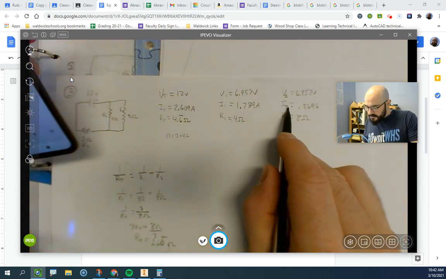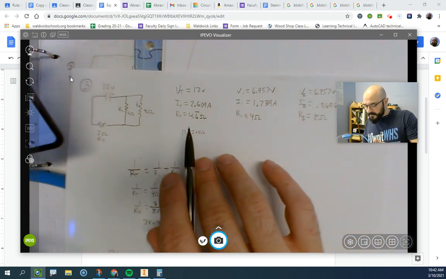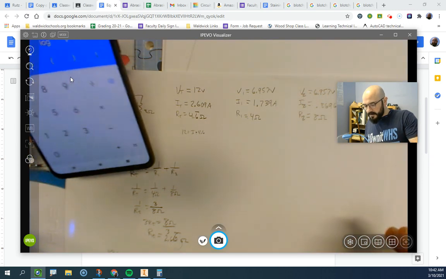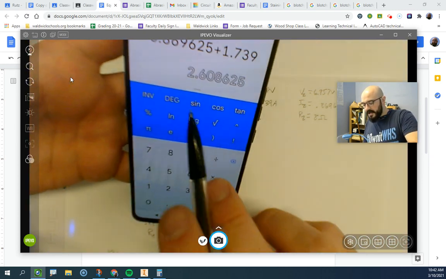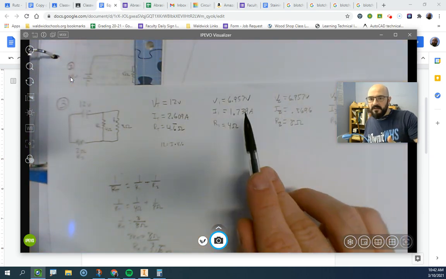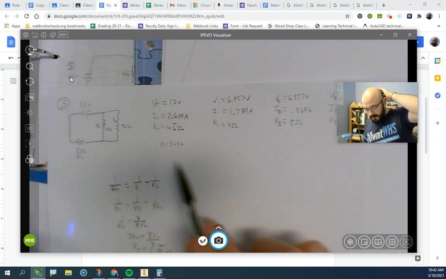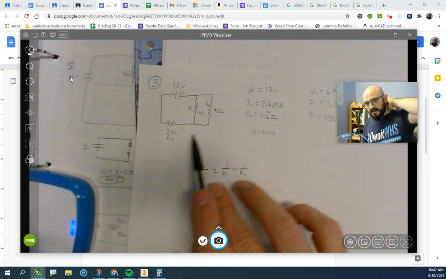And just for good measure, I know that these two should add up to be the same as the total current. So when I add them together, I get 2.608. It is dead on the money, because ultimately everything's in series here.